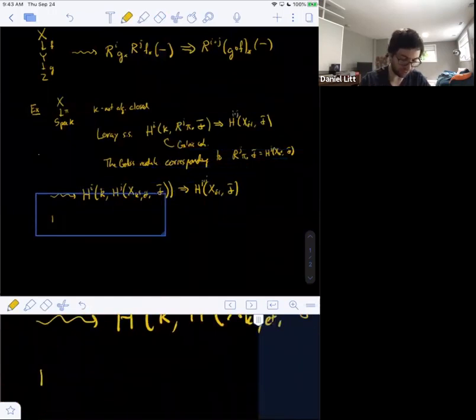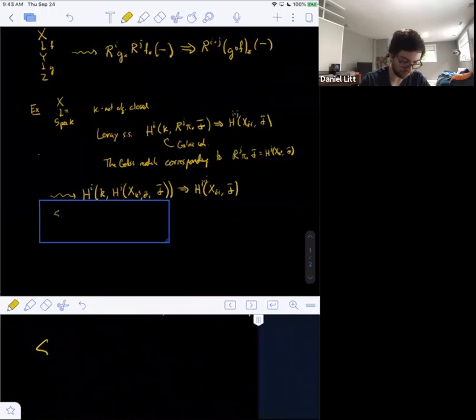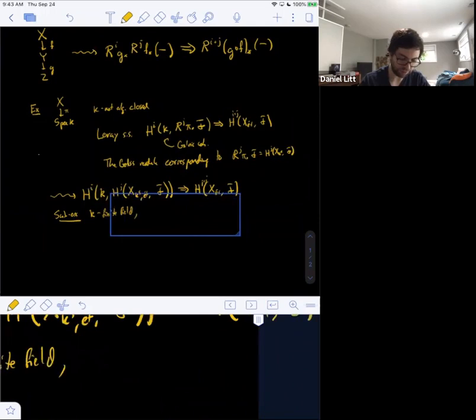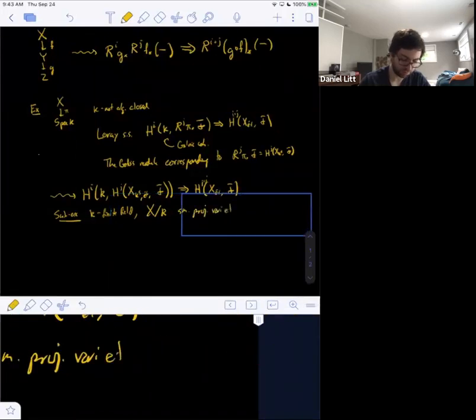Just as kind of a sub-example, let's consider the case where K is a finite field, and X over K is, let's say, a smooth affine curve, or maybe even a smooth projective variety.